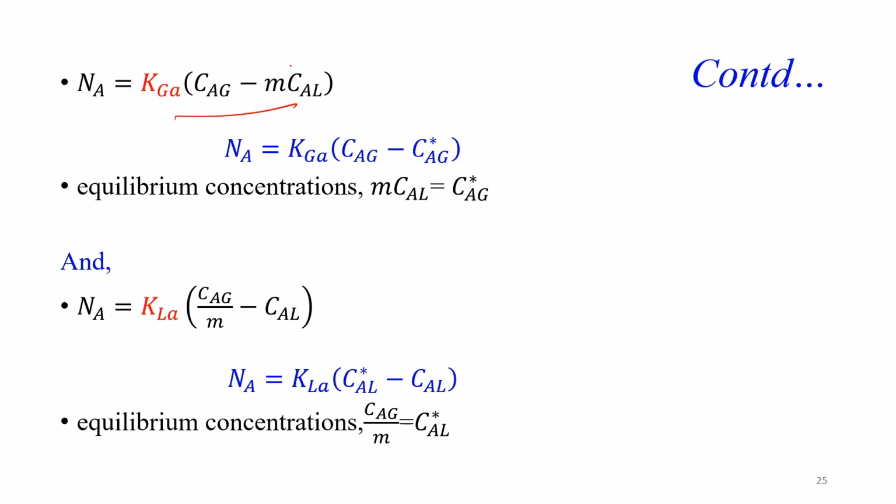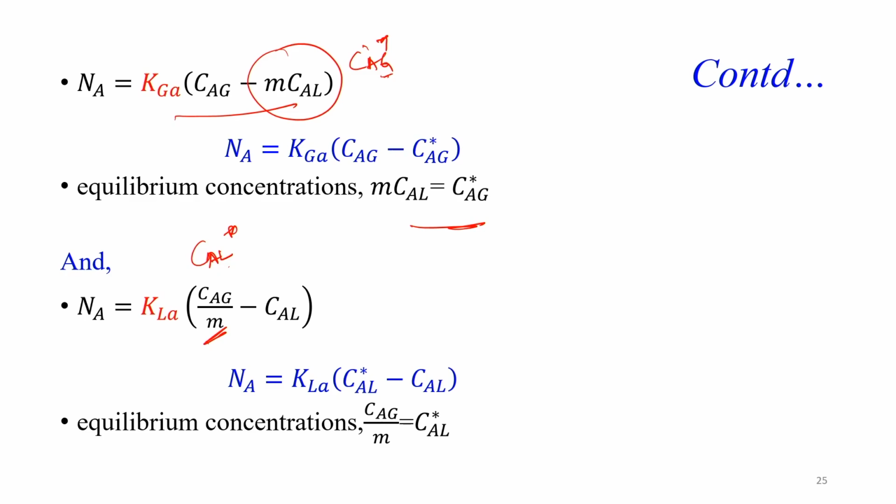Typically, since this value is in equilibrium, many times we write CAG minus CAG star. Similarly, this value we write as CAL star. This is the terminology: at equilibrium, we write the concentration as CAL star in the case of liquid and CAG star in the case of gas phase concentration.